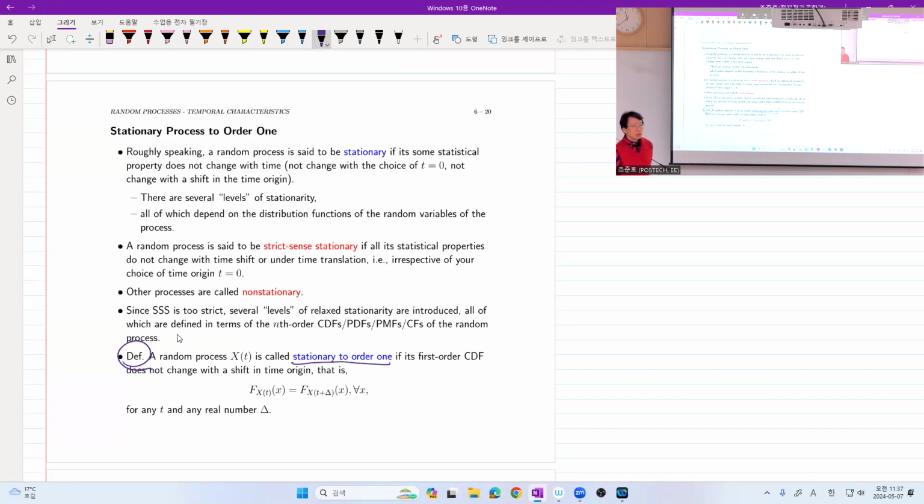What does that mean? In order to fully characterize, you may want to start from the first order PDF of a random process. And in general, what is that? That is a PDF parameterized by time t. And here it says that it does not change.